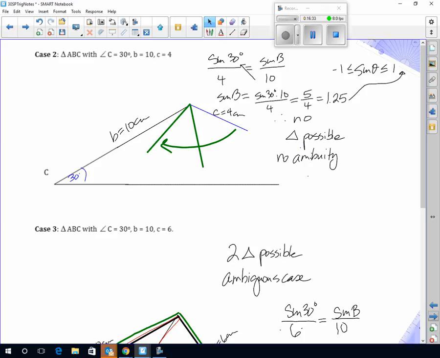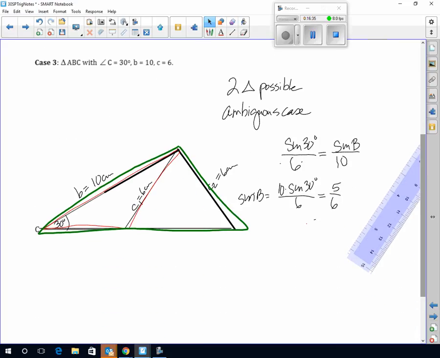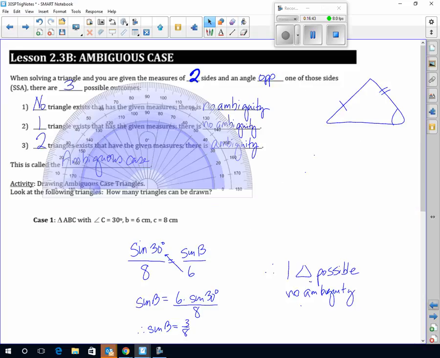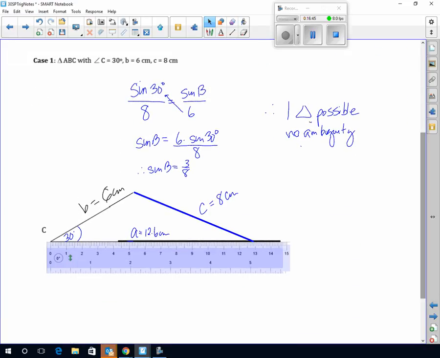How do I know the difference between when I get 2 triangles and 1 triangle? Well, let's take notice at this triangle over here. Can anybody measure this right here with their protractor? Can you measure that?